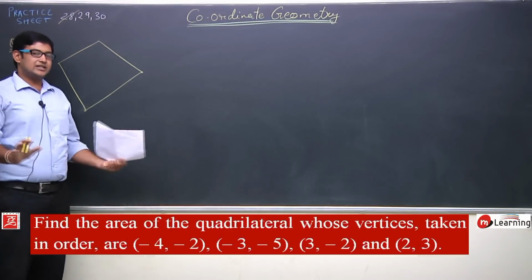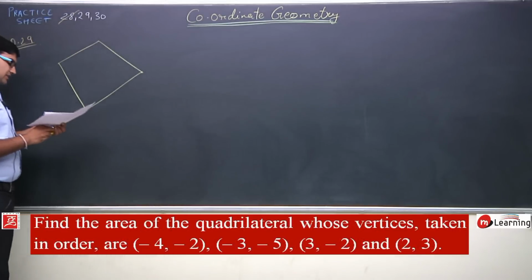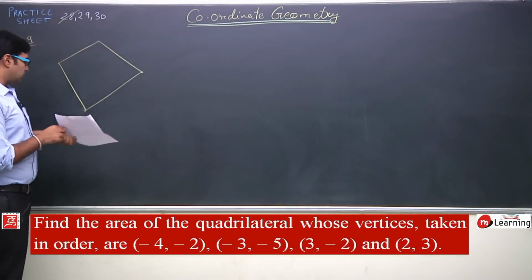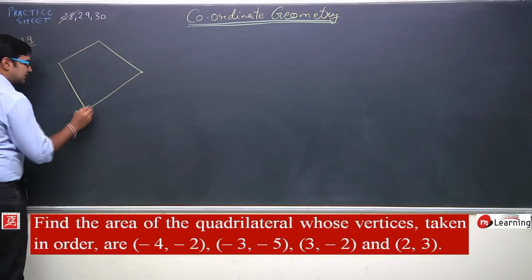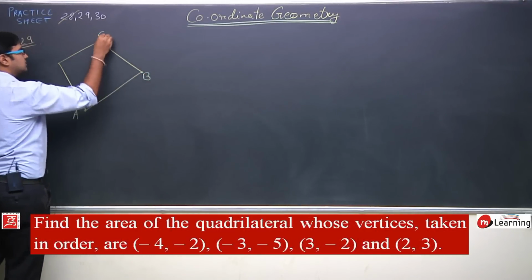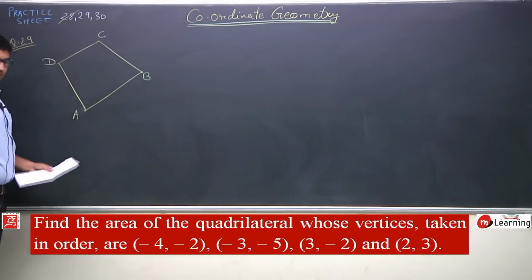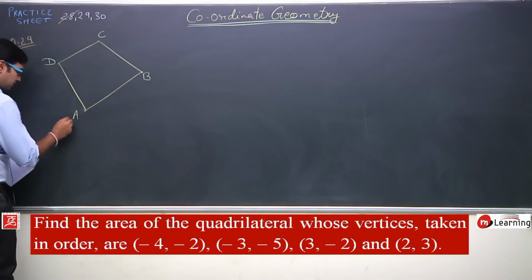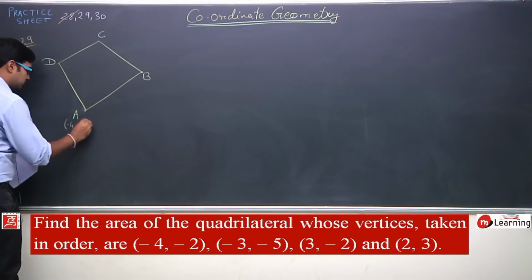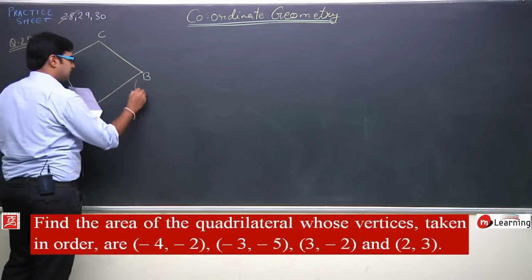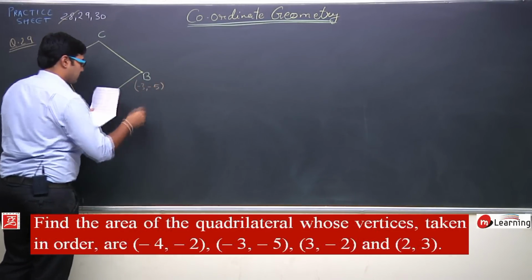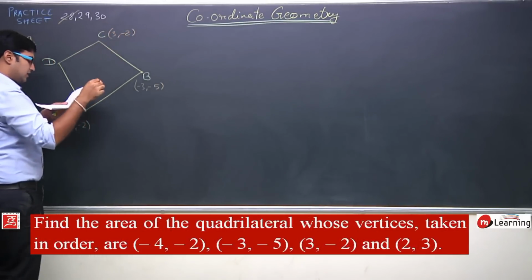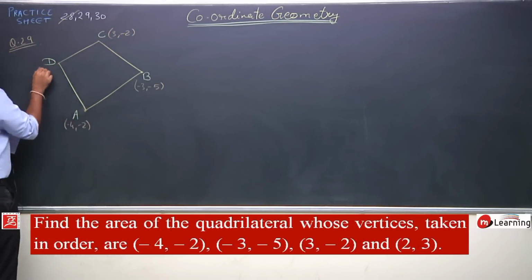Okay, it's a generalized quadrilateral, and since the vertices are given in order, let us say this is A, B, C and D. Okay, and the vertices are (-4, -2), then (-3, -5), then (3, -2), and then D point is (2, 3).